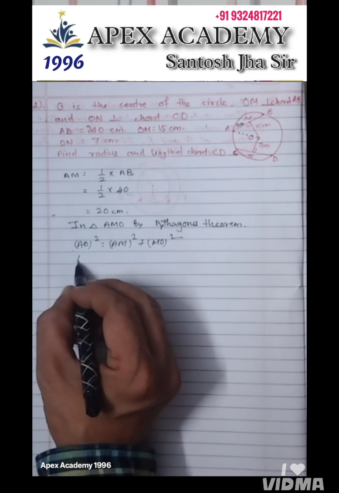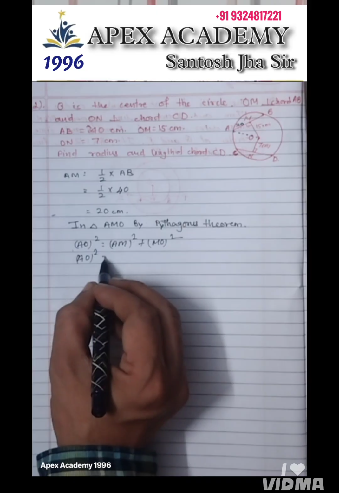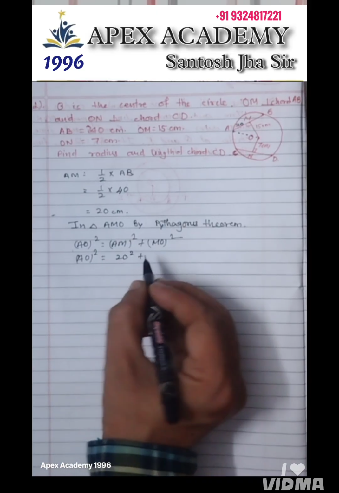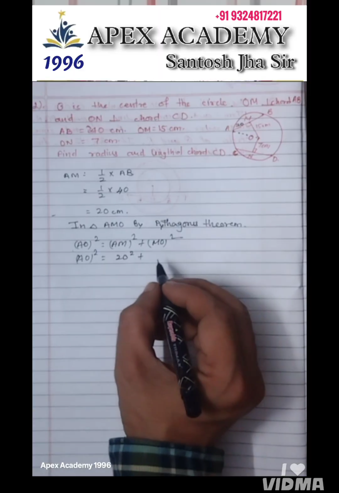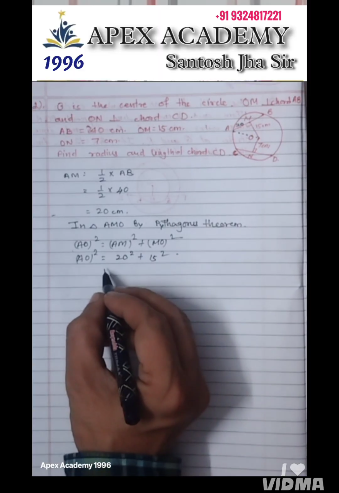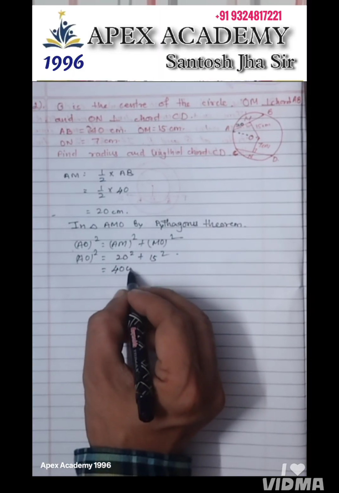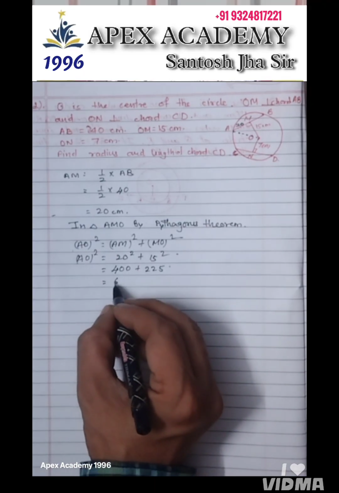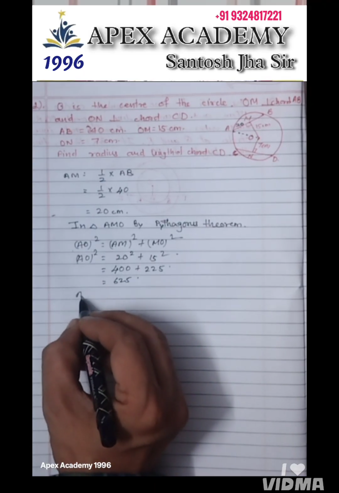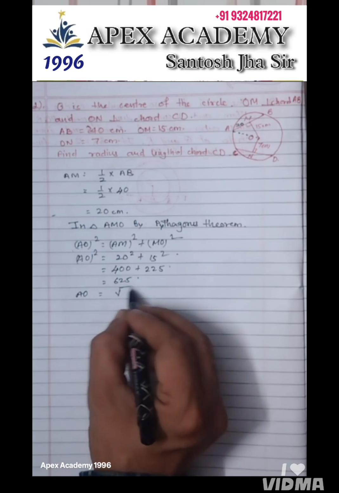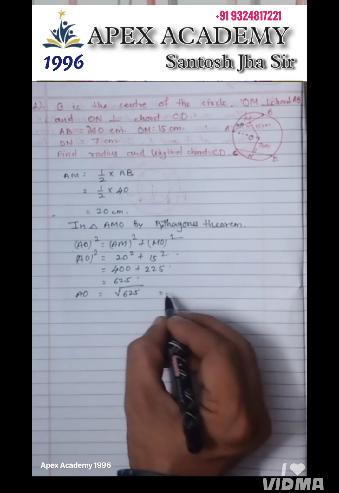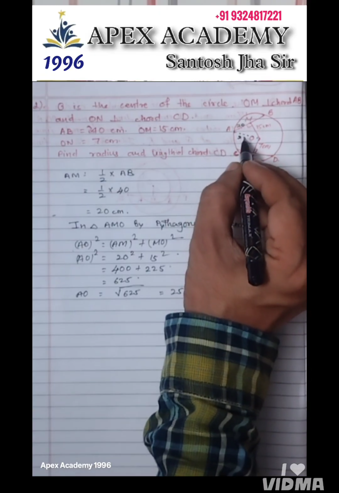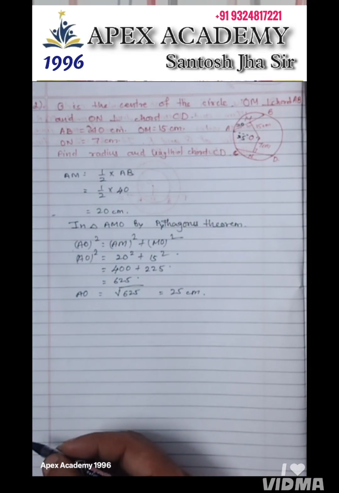AO remains as it is, AM is 20 and MO is 15. So 20 square is 400, 15 square is 225. This total becomes 625. So AO will be square root of 625, that is 25 centimeter. So that means the radius of the circle is 25 centimeter.